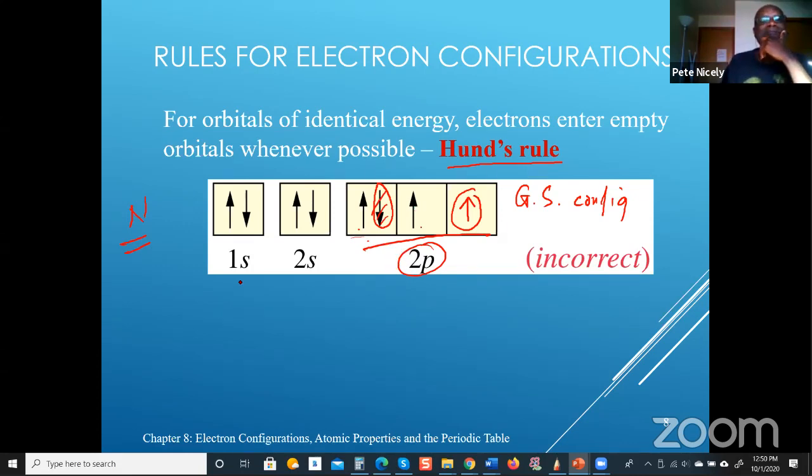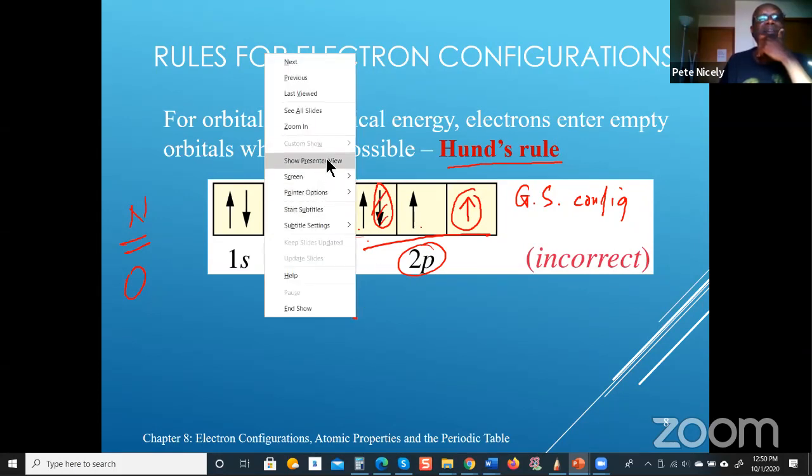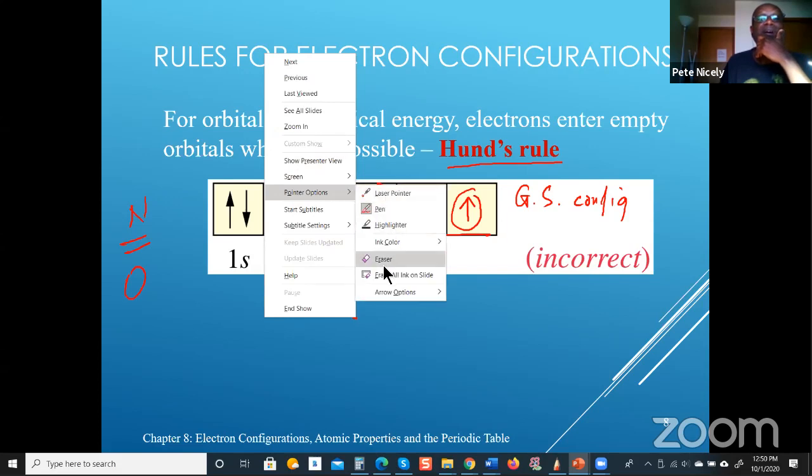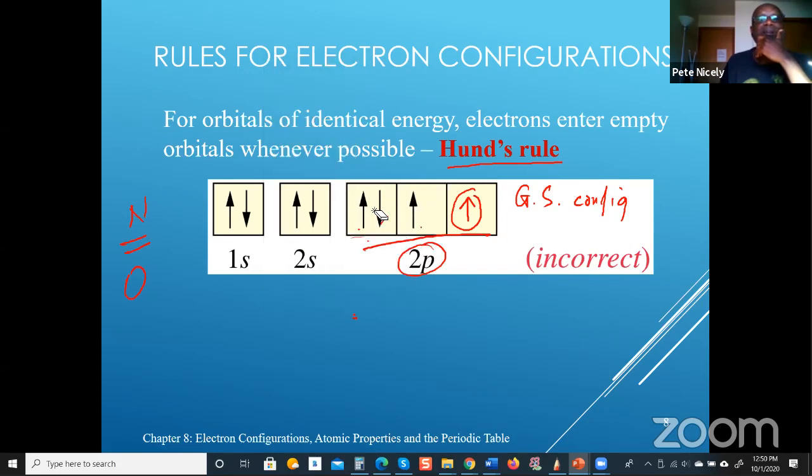For example, in the case of the next element, which is oxygen, this electron here would have to pair up with any one of these electrons already present in the 2p sublevel, all right? So that's basically Hund's rule.